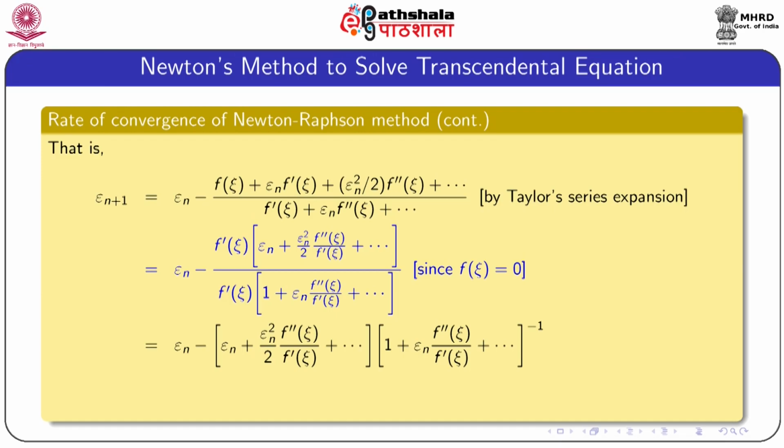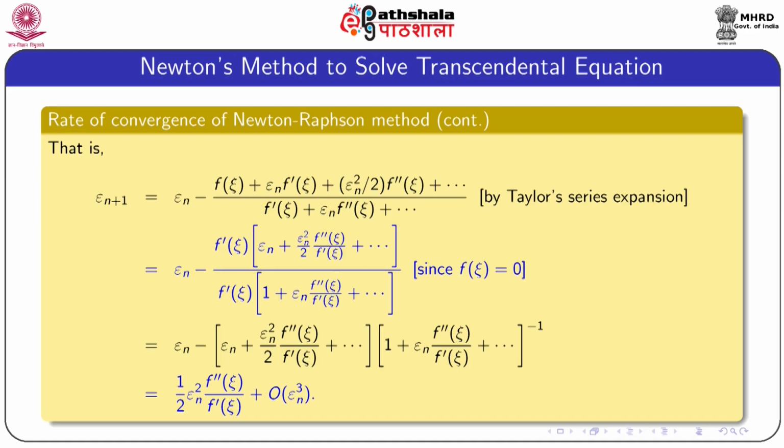which is equal to epsilon n minus the ratio, where the first expression of the second term is the numerator and the second is the denominator, and after expanding the second term and after simplification we get epsilon(n+1) = half of epsilon n squared into the second derivative of f at xi by the first derivative of f at xi, plus order of epsilon n cube.